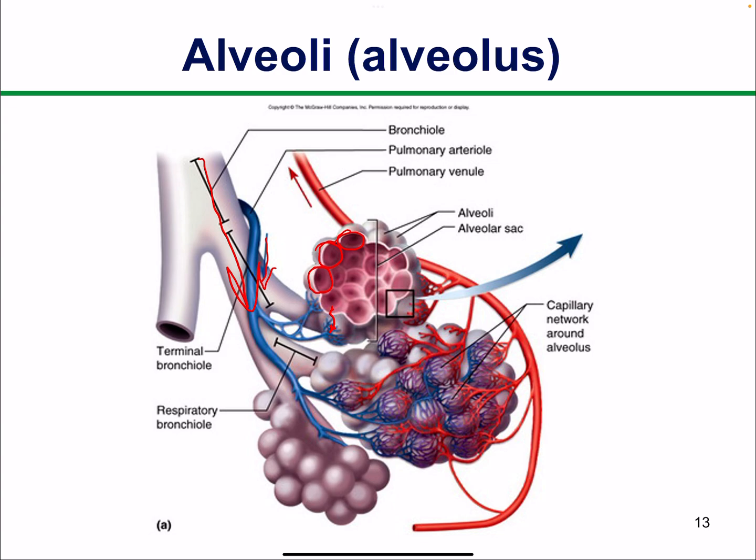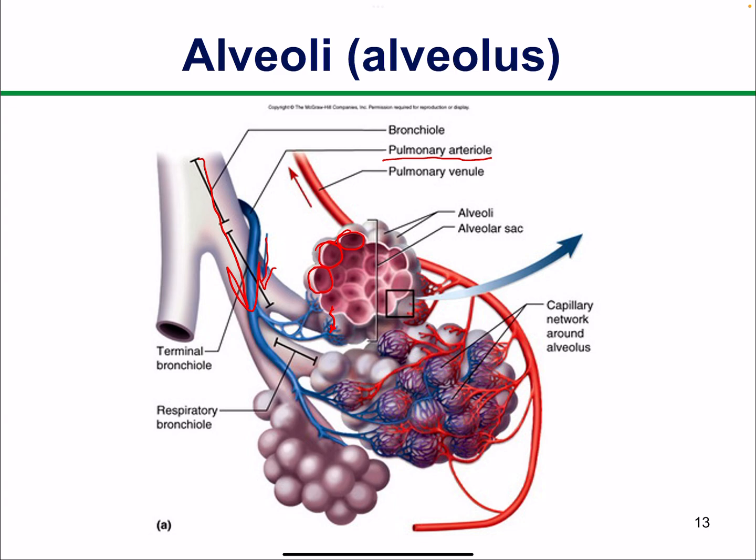That blood comes into the lungs via pulmonary arterioles. Well, first of all, you have pulmonary arteries, right? Pulmonary arteries are going to divide into pulmonary arterioles. Now, there, in the capillary bed, exchange of gas is going to happen, right?